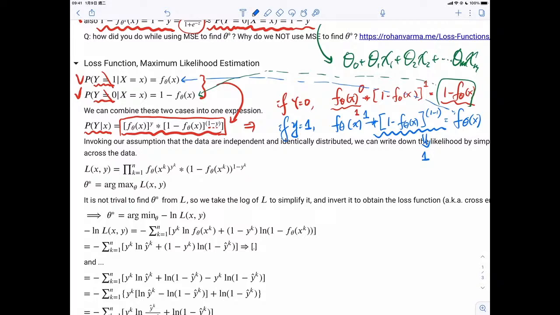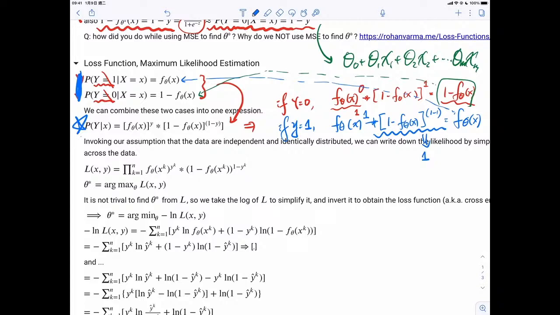So we can simply combine the two formulas at the top into just one formula to simplify this representation. They are exactly the same if you put y equals 1 or y equals 0 in the formula. So currently our problem becomes this. It is quite easier if we deal with only one equation rather than two. So that is the equation we'd like to deal with.